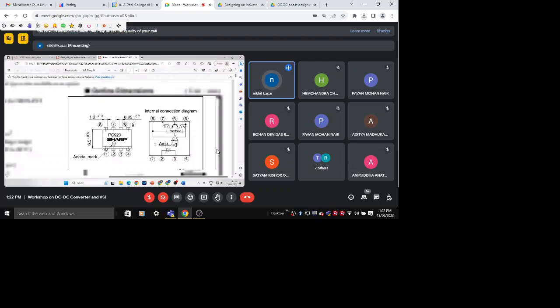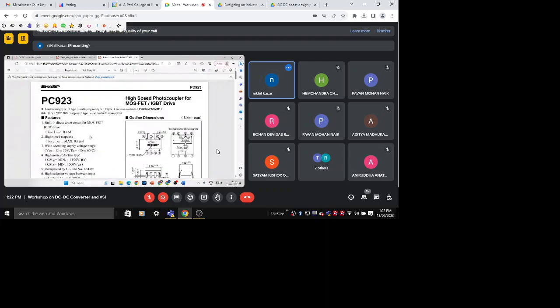If you don't find the PC923 gate driver online, there is another, very similar one, the TLP. That is an opto and drive stage combination IC.